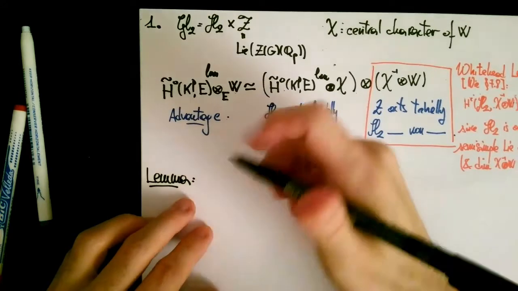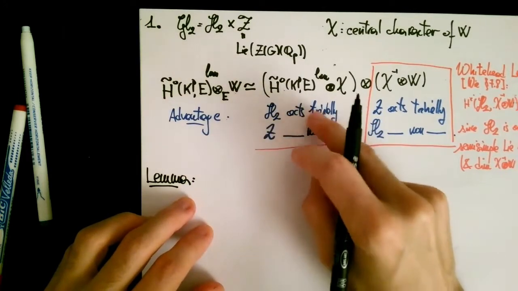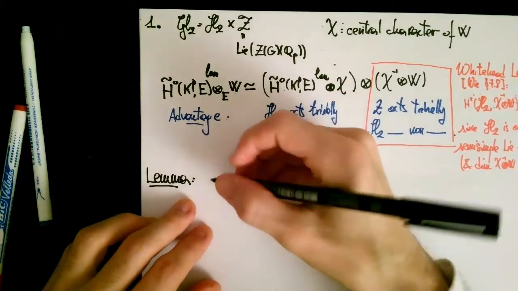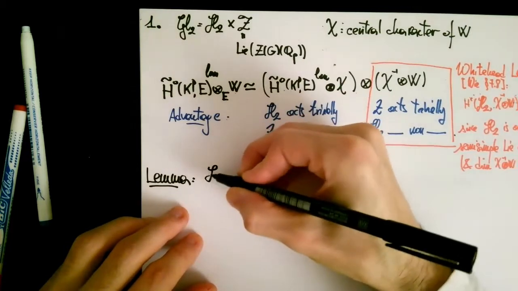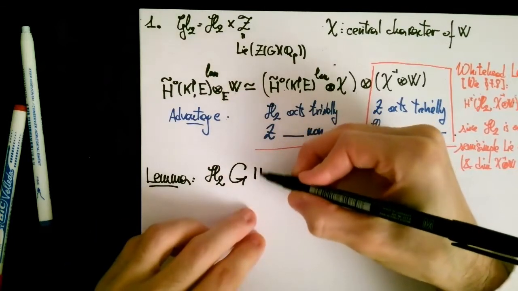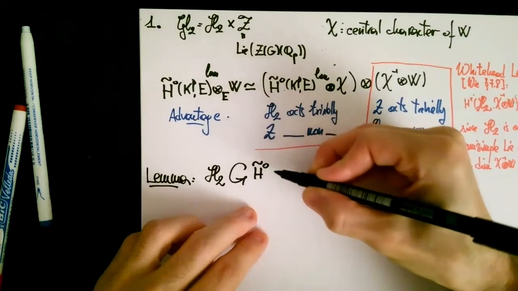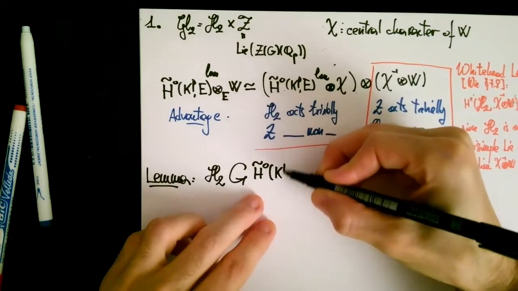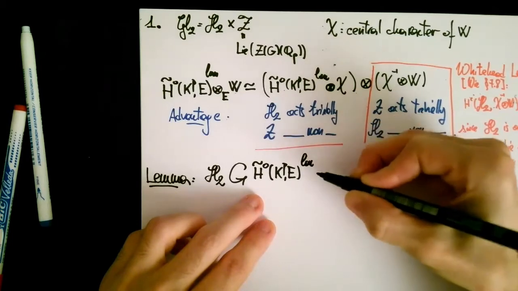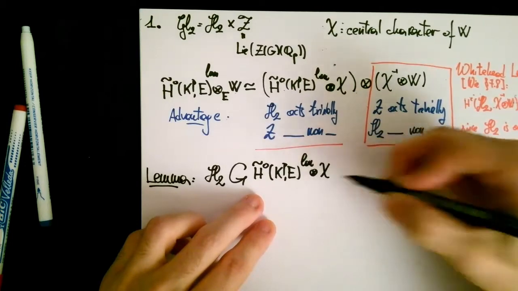Well, so the first point is that SL2 acts trivially on here. I was claiming this. So let's see why. So SL2 acts trivially over the H^0 tilde of K^p, E locally analytic, tensor chi.